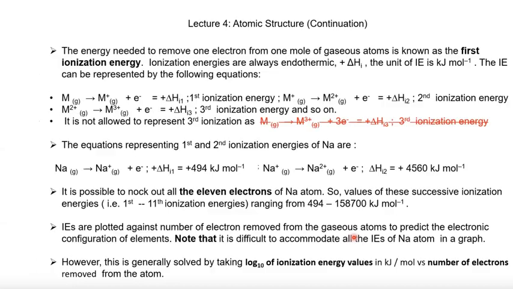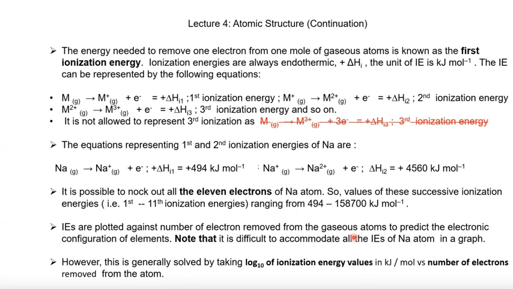Now we have to talk about ionization energy, because we can determine ionization energy experimentally, and then from those ionization energies we can predict the electronic configuration of atoms in elements. What is ionization energy?